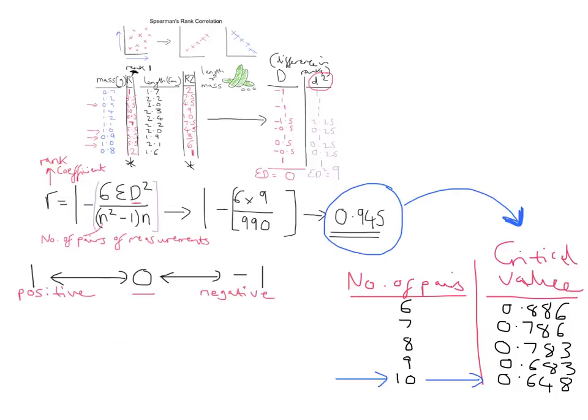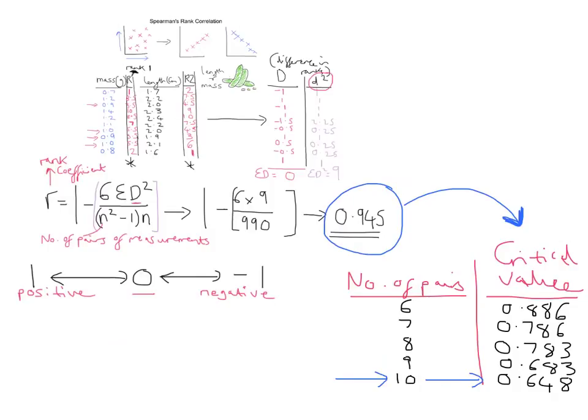So what we have here in this video is the formula for Spearman's rank, in which you need to work out D, the difference between the ranks that you assign two sets of data, and D squared, and N, the number of pairs of measurements. You come out with a value for R, the rank coefficient.